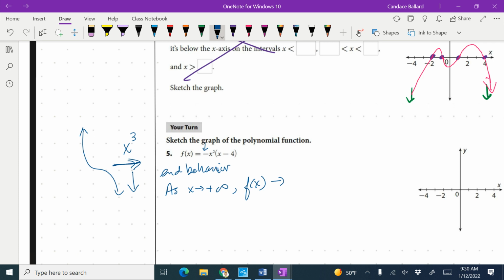So as I go this way, it's going down, so it'd be negative, because of the negative sign in front. As x goes to the left, f of x, as my x value goes more this way, what's going on with the y value? It's going up. So we would say positive infinity.